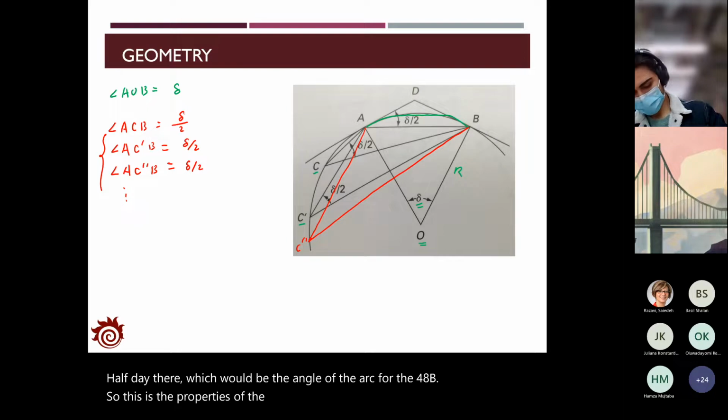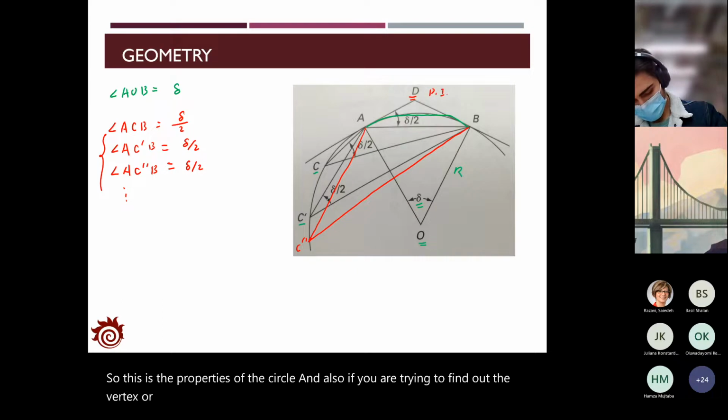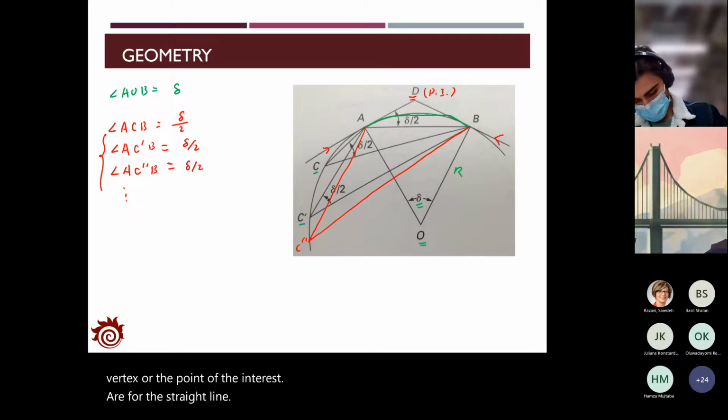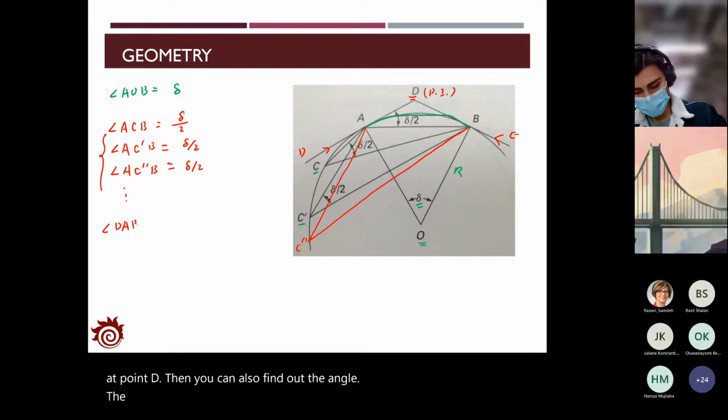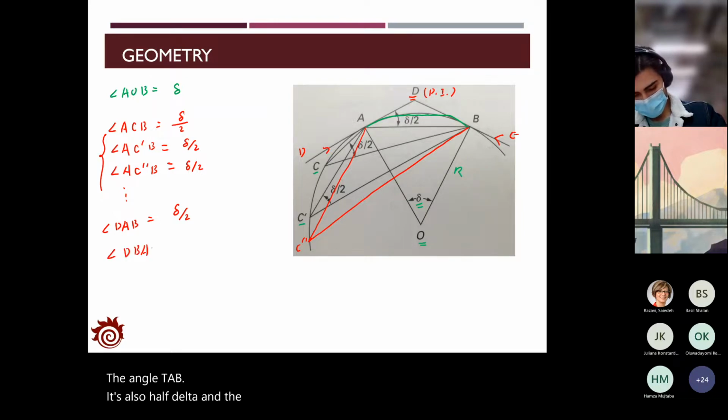Also, if you find the vertex, or the point of intersection, for the straight lines from D to A and E to B, assume they intersect at the point D. Then the angle DAB is also half delta, and the angle DBA is also half delta.